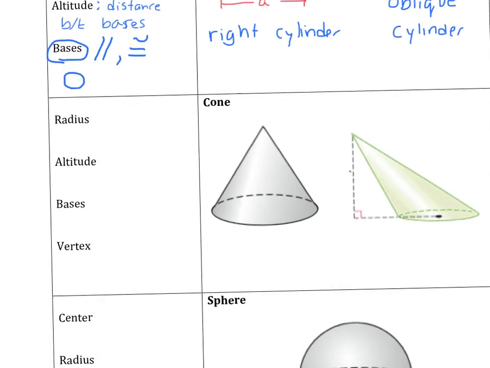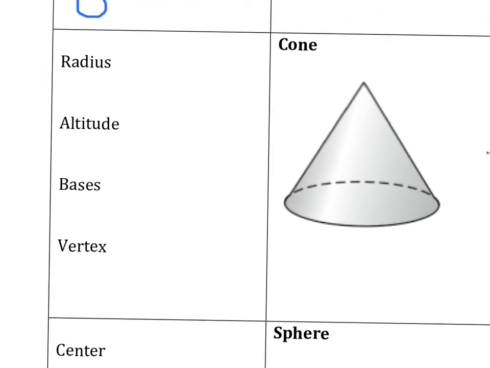One small change in the cone here. Clearly it's not bases, it's just base. And on a cone, the base is always a circle. So we know the radius there. The altitude always goes from the vertex to the base, and it has to be perpendicular.